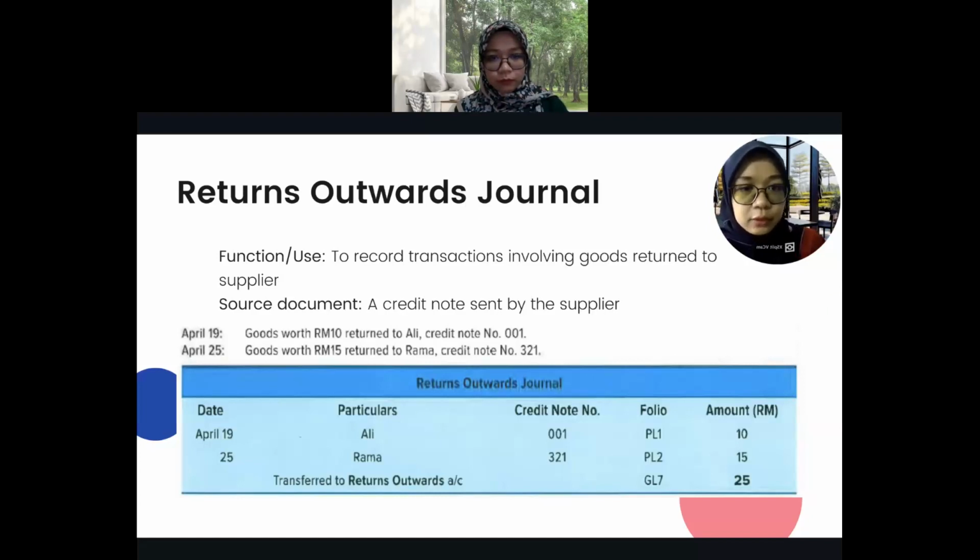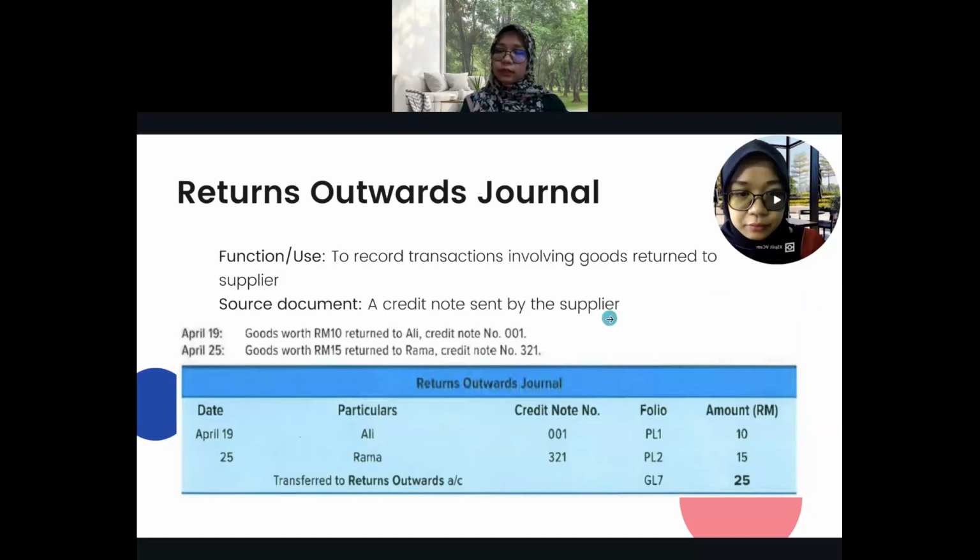We are given credit note numbers 001 and 321. How do we record this in the returns outwards journal? We record the date and the particulars, meaning our supplier or account payable, Ali and Rama, the credit note number, and then the amount.